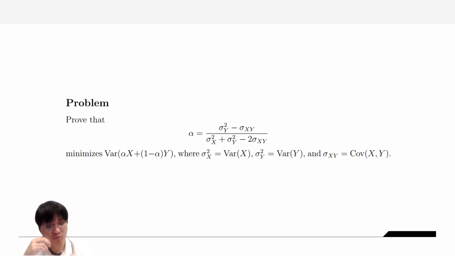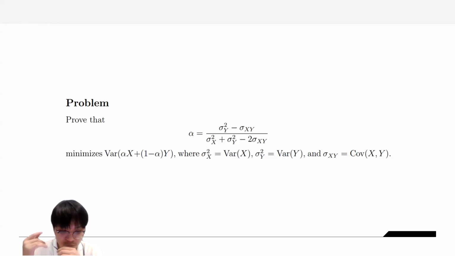So let's see the problems. We have to prove that alpha equals sigma x squared plus sigma y squared minus 2 sigma xy over sigma y squared minus sigma xy, which minimizes the variance of alpha x plus 1 minus alpha y.